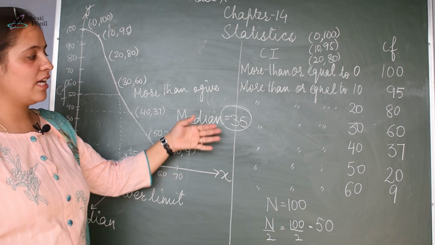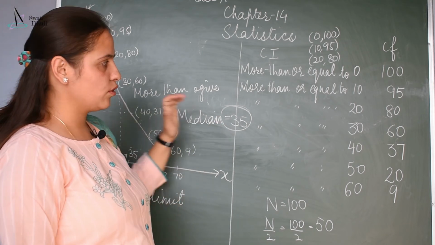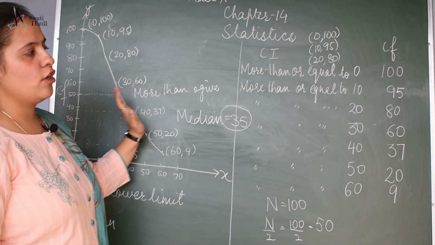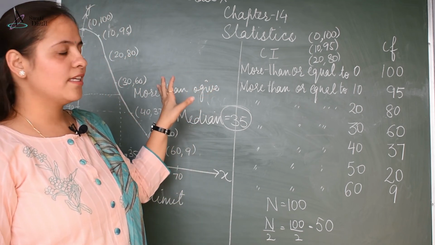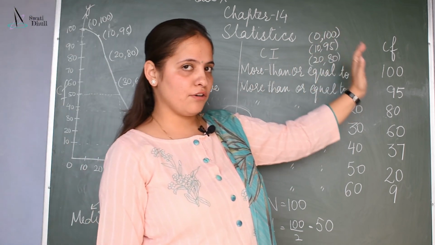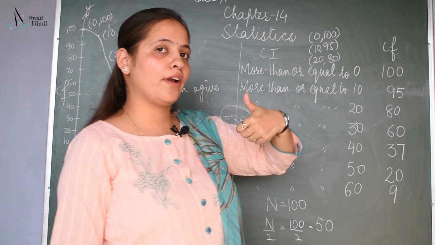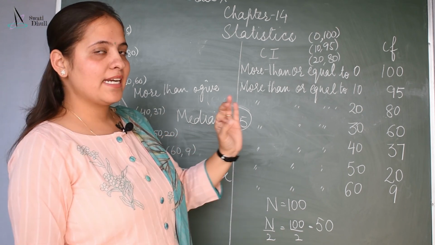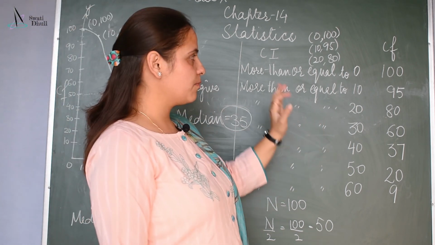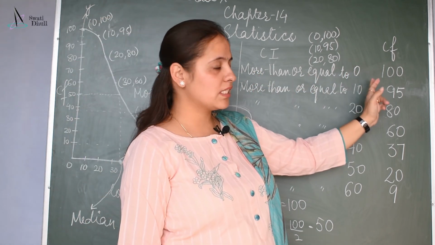You can check by substituting the values in the formula also, to see whether the median you are getting is correct or not. So what you have to do is, first of all, you are given the class intervals, and then you have to find the CF out of it. How you have to write it is more than or equal to 0. When you are making the table for less than type, you always write less than, but in more than type you have to write more than or equal to 0.